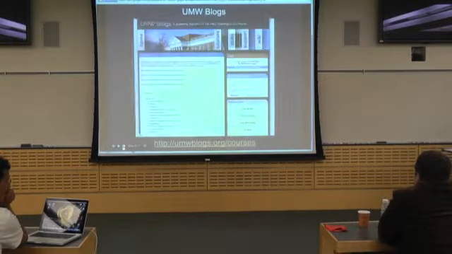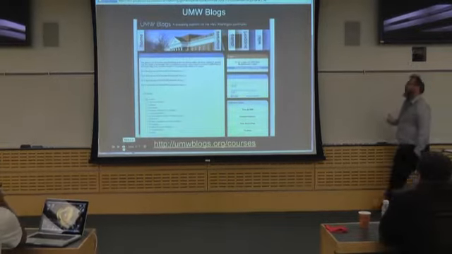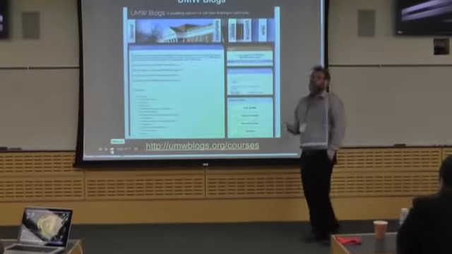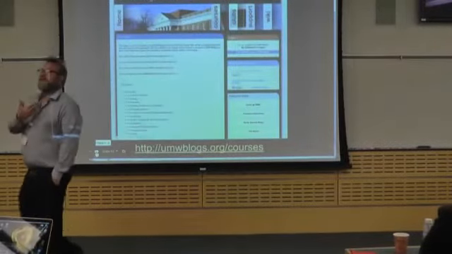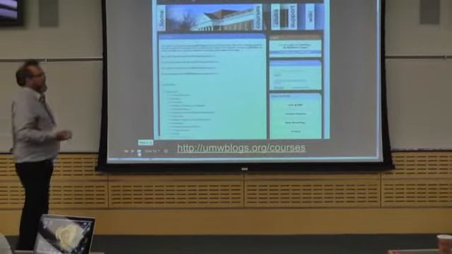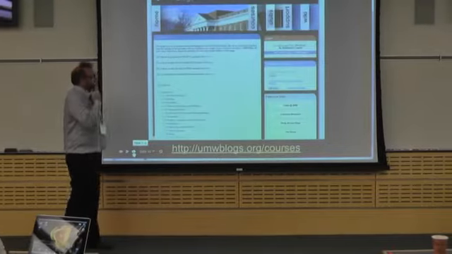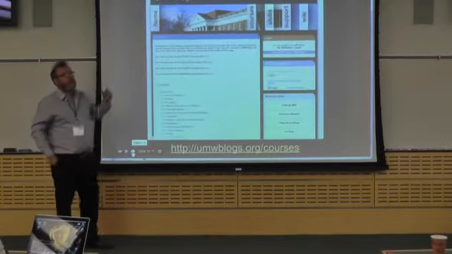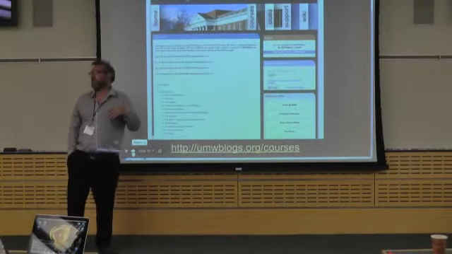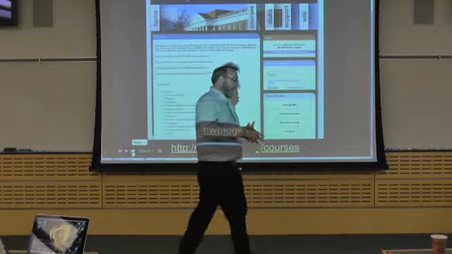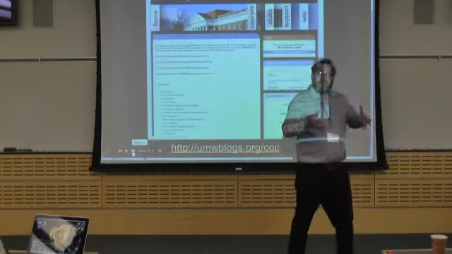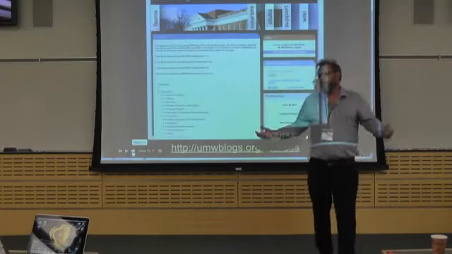But one of the things that's amazing that I've been a part of and I've watched grow and I'm really proud of, and it's 5 years old this summer, is this thing we created called UMW Blogs. It's an educational publishing platform, and over the course of 5 years, we've had close to 500 classes run through here. It's been an amazing thing to watch people working on a space together to build knowledge.